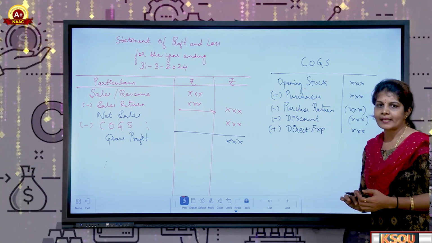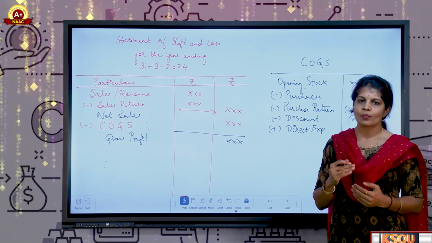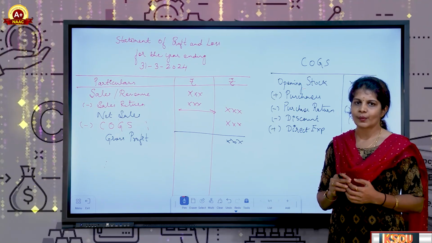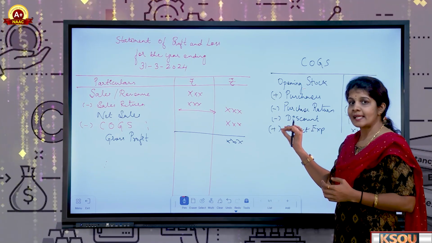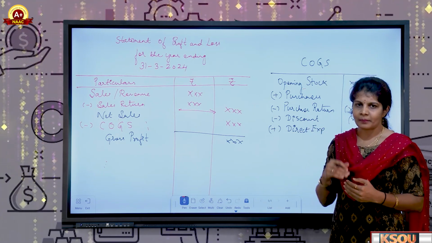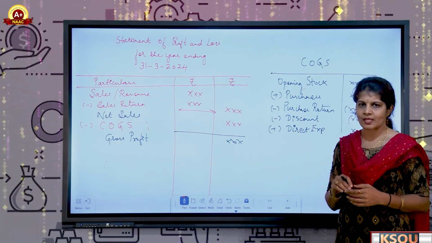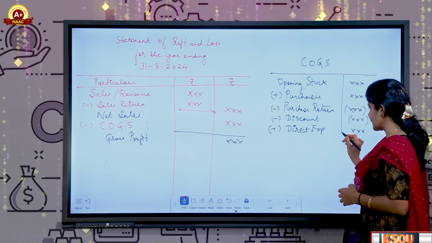For example, direct expenses include freight inwards, carriage inwards, wages, all the factory expenses. Direct expenses are for bringing the raw material to the factory from the place of purchase. That is called direct expenses.